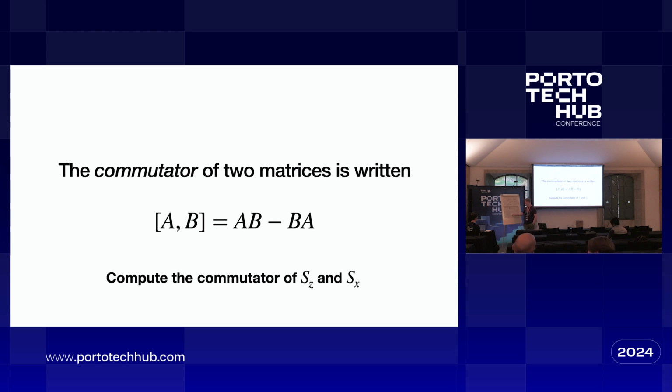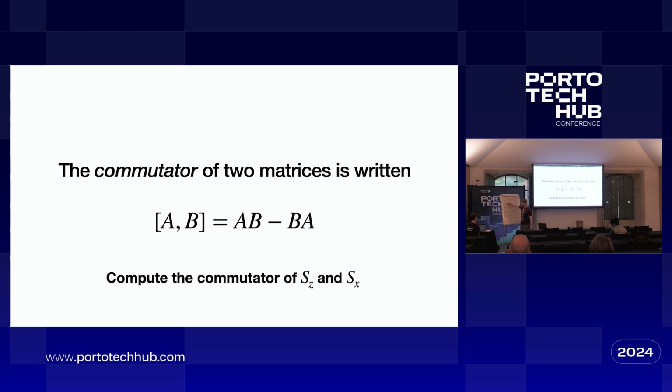Sorry, that's not right. 1 here, negative 1 here, 0. 0 minus 0 is 0. 1 minus minus 1 is 2.